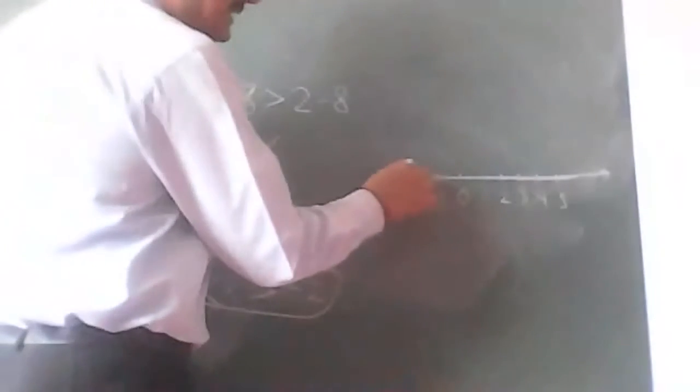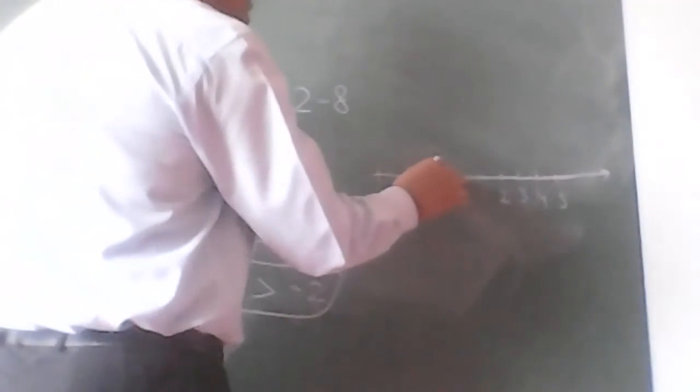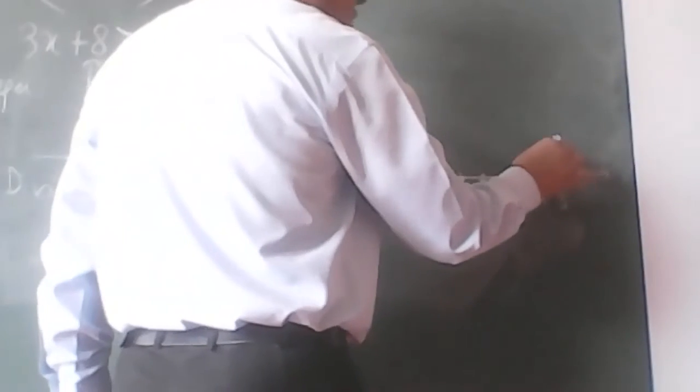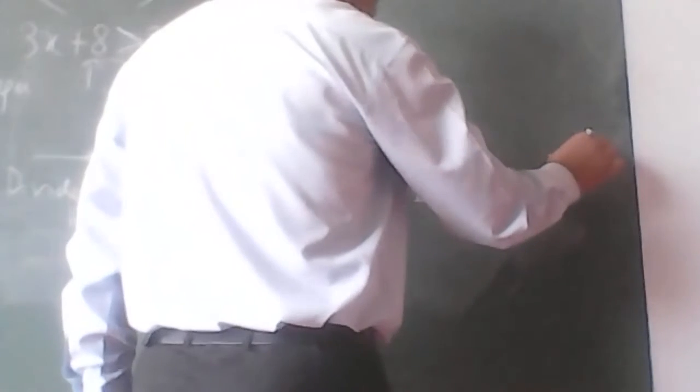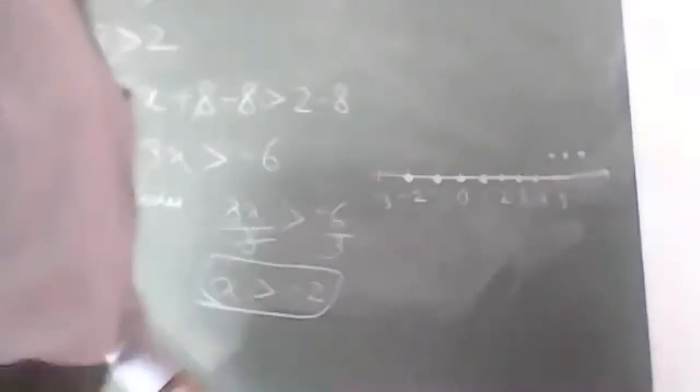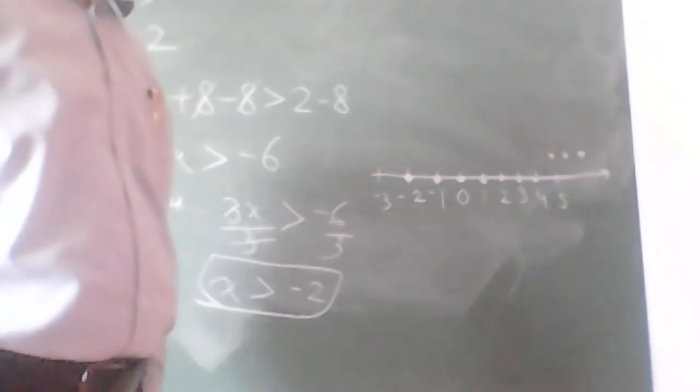So it would be exact -2, it would be exact -1, it would be 0, it would be 1, 2, 3, and so on. Instead of showing all the values, you can simply put 3 dots here, which means it is an infinite set.